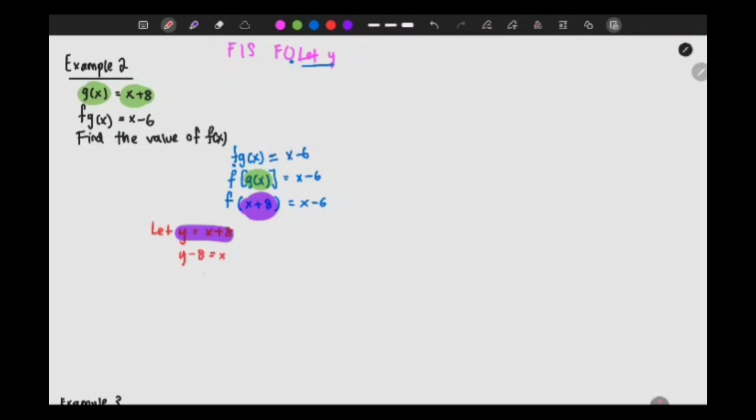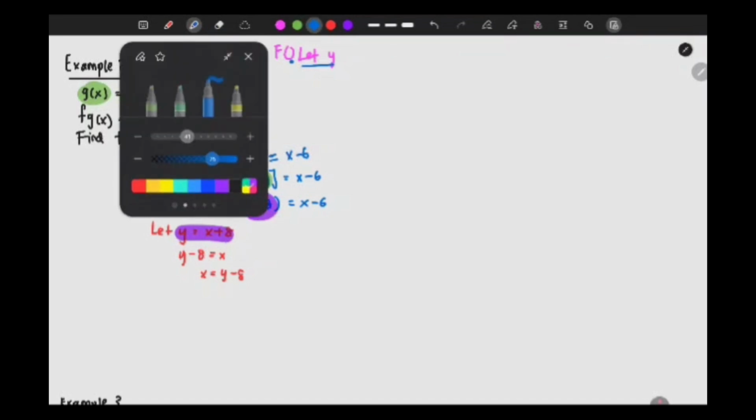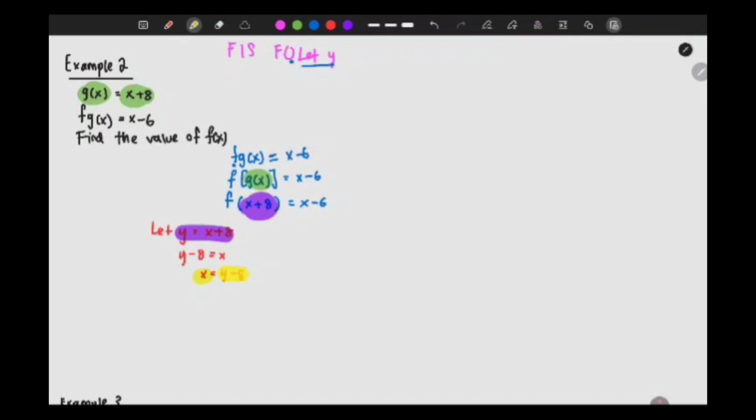And then replace your x with y minus 8, since you already found what your x is. And then here, you know your x plus 8, you already let it be y. So instead of writing x plus 8, you just write y, because it's the same thing. Because you have let y equal to x plus 8. So you can just maintain the y there.